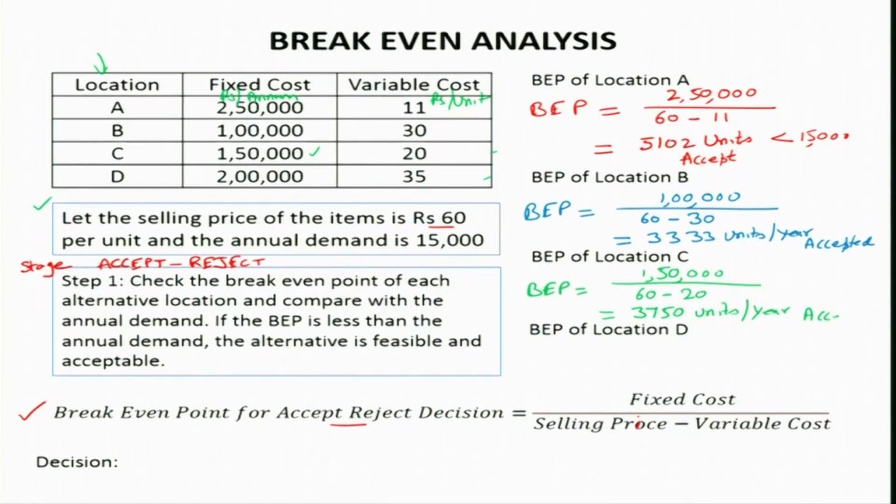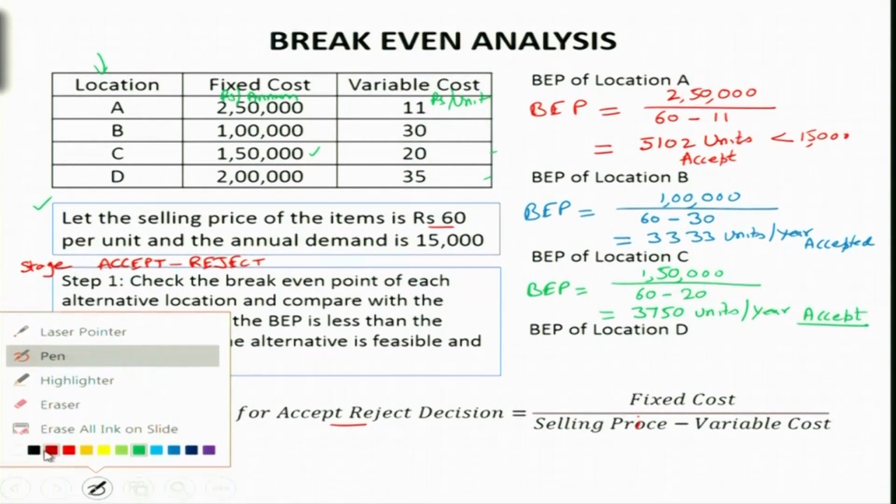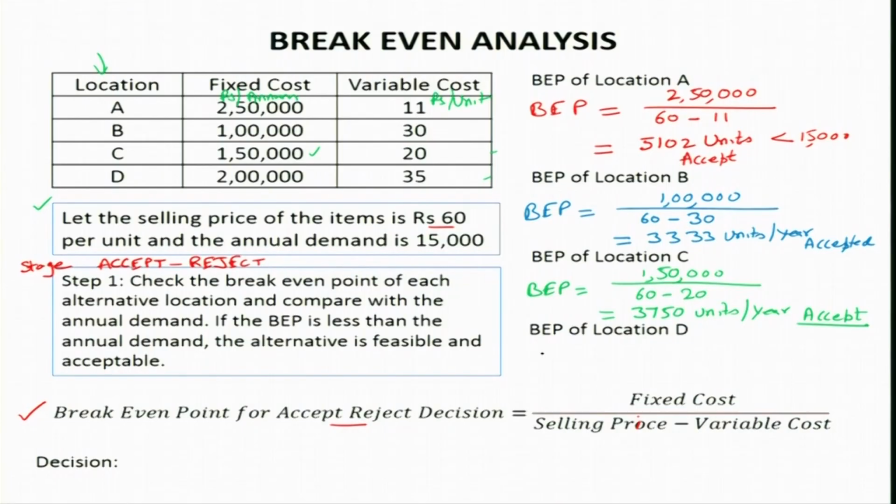So, this location is also accepted. Now, let us do location D. For location D, the break even point is equal to 2 lakh as my fixed cost, 60 as the selling price and 35 as my variable cost. So, my break even point turns out to be 8,000 units, and this is also lesser than the annual demand. So, this is also going to be accepted.